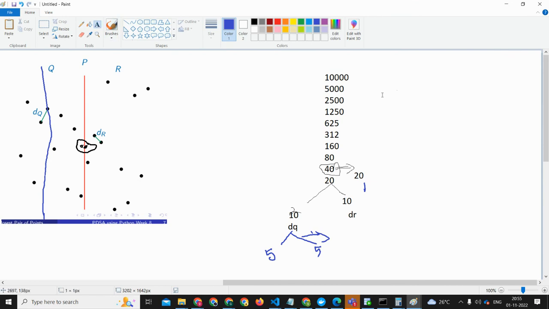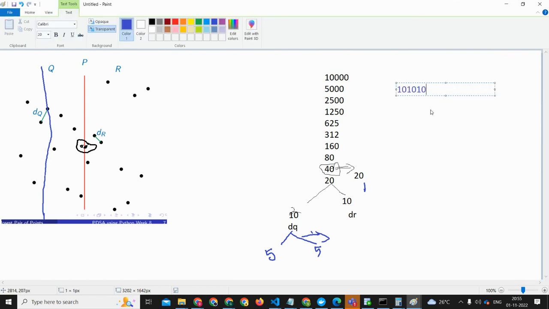So 101011 10, I'm taking it. You just need to come from the last. Adding 0 plus 0 is 0. Then 1 plus 1 is actually 2, but in binary you should say it as 10.